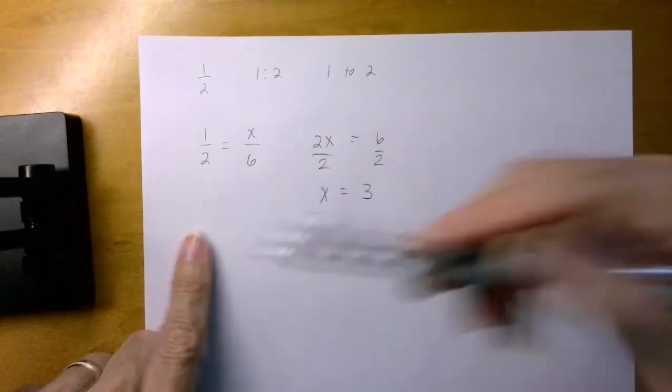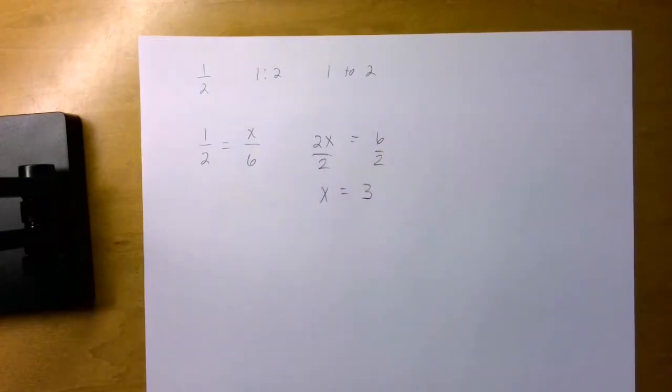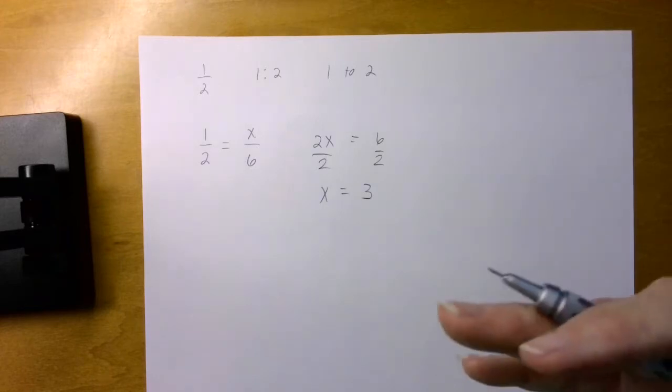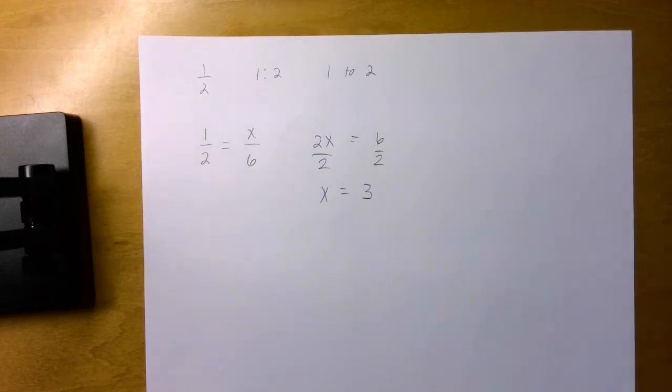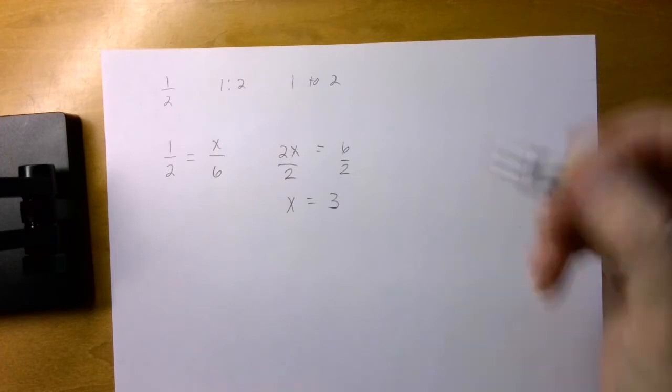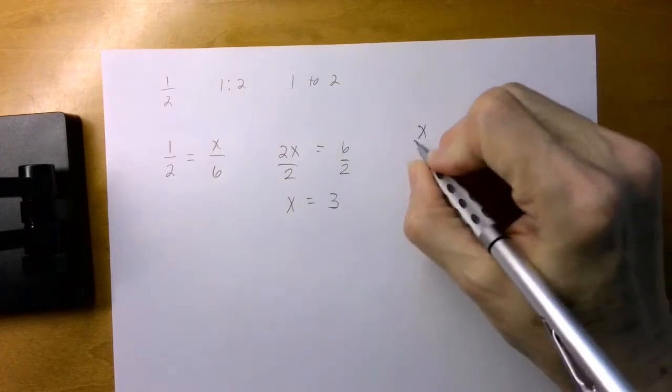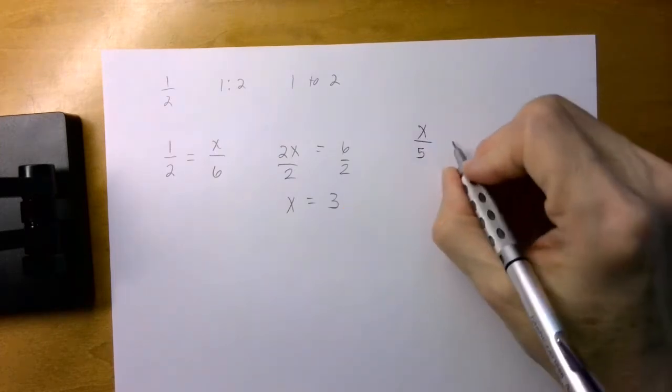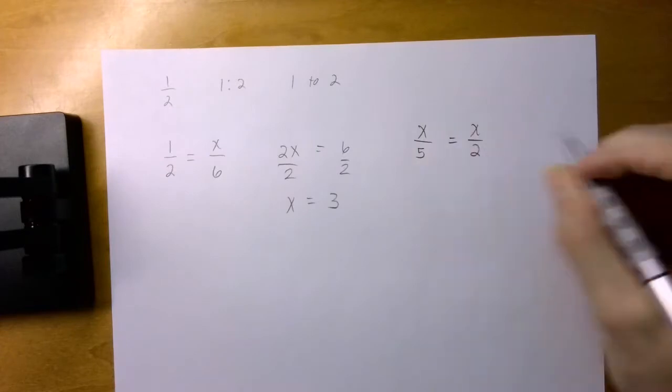What happens when you can't second guess what that number is? Do we follow the same kind of rules? And you do. And let me just also clarify. Here's another equation. That is not a proportion.